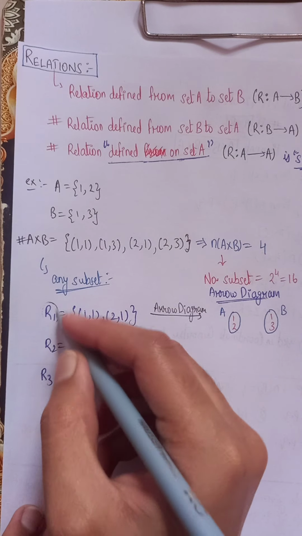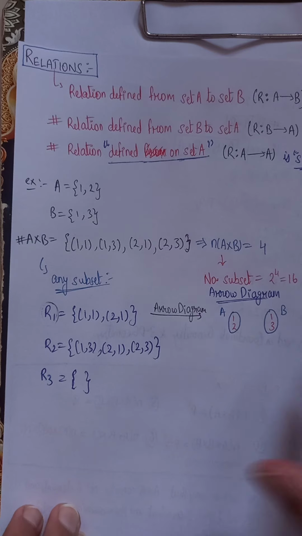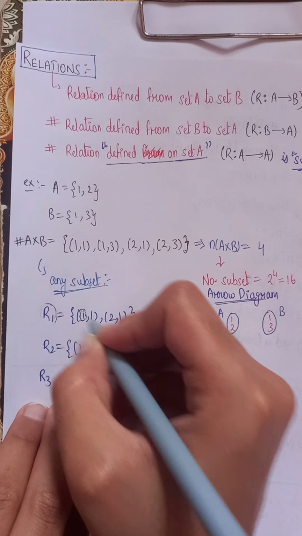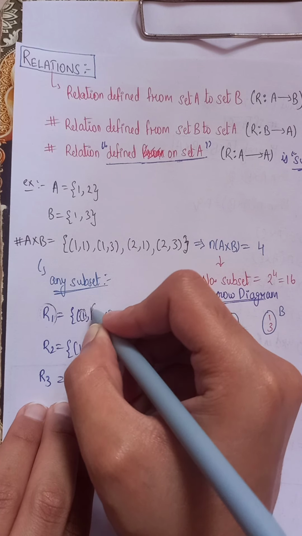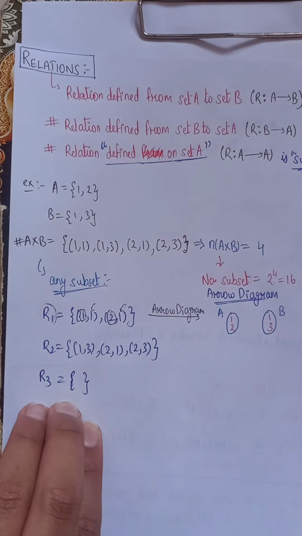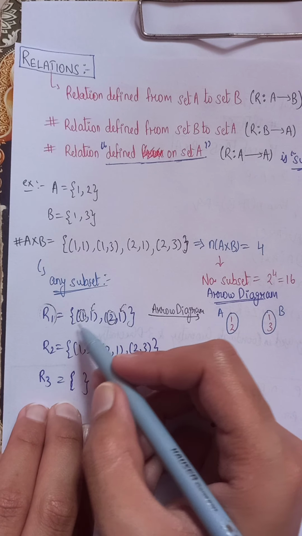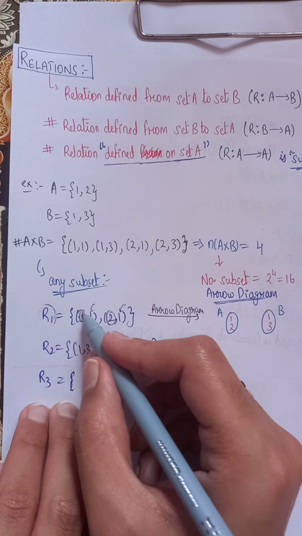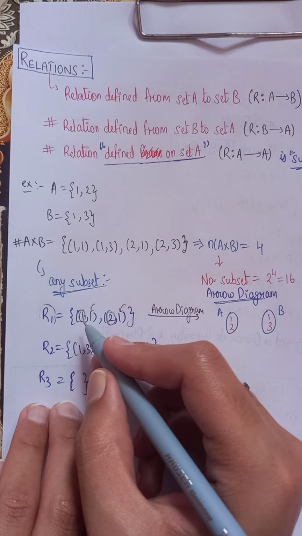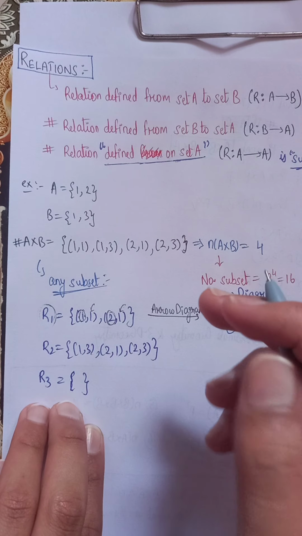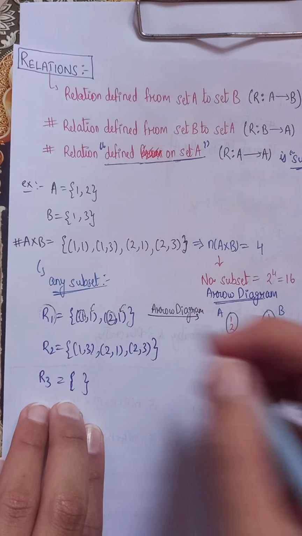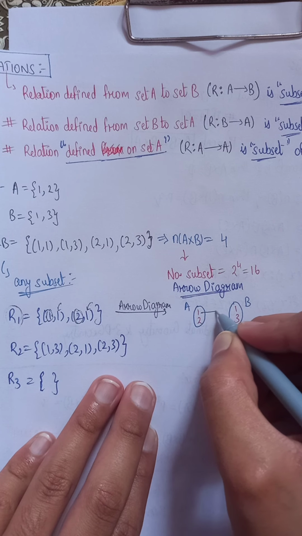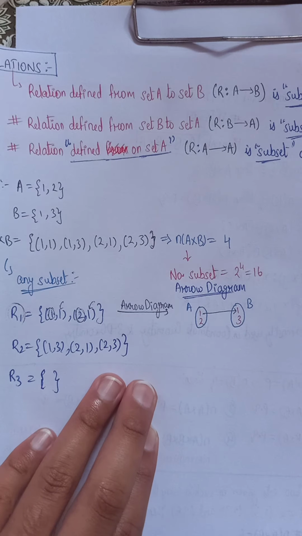These are the elements of set A, and these are the elements of set B. Just see the first bracket: 1 comma 1 means this one is of set A and this one is of set B. So the 1 of set A is with the 1 of set B, and I can represent it like this.